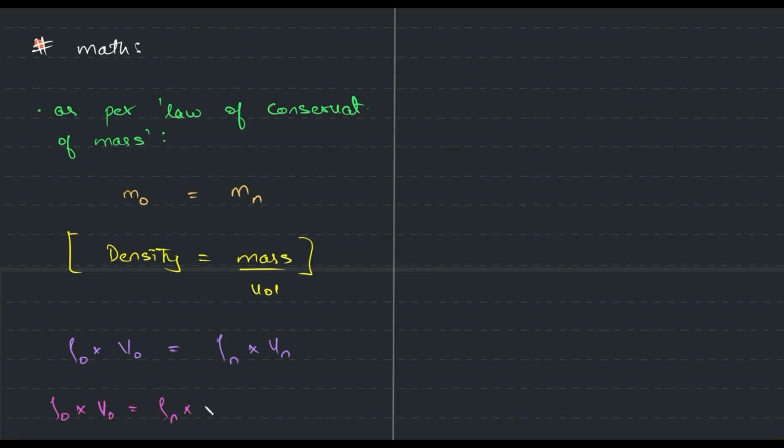Rho nu into V naught times 1 plus gamma delta T. So V naught gets cancelled, and we have rho nu is equal to rho naught divided by 1 plus gamma delta T. This can be written as rho naught times 1 minus gamma delta T.